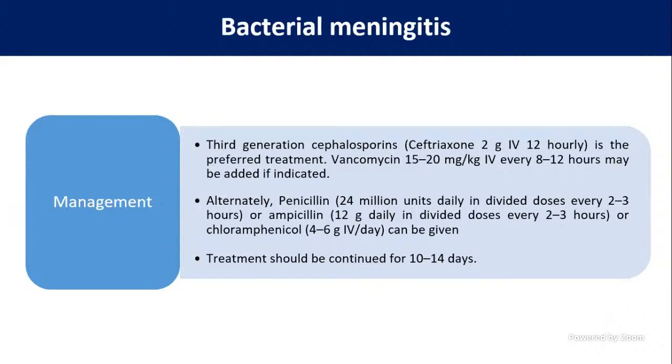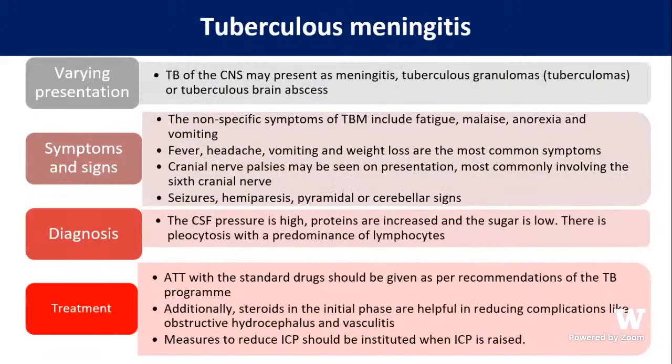TB meningitis presents as a chronic meningitis, and treatment of TB will be dealt with in much more detail when we talk about TB treatment. Here, the CSF is lymphocyte predominant with high protein and low to normal sugar, and ADA positivity may be there. You can also sometimes detect TB PCR.